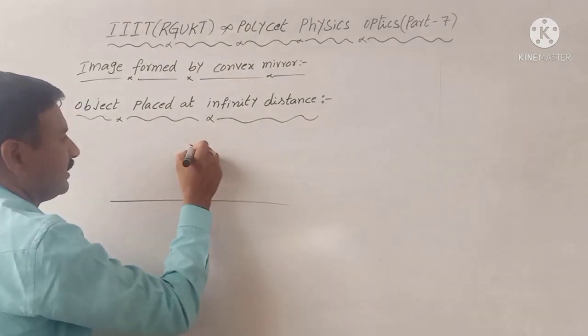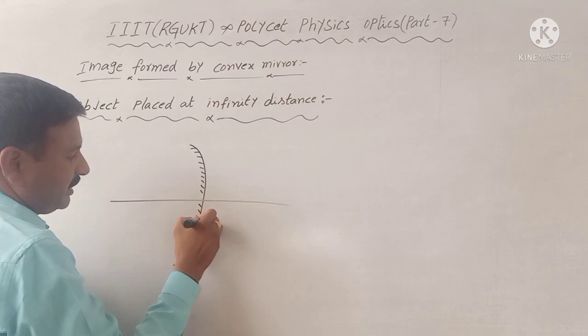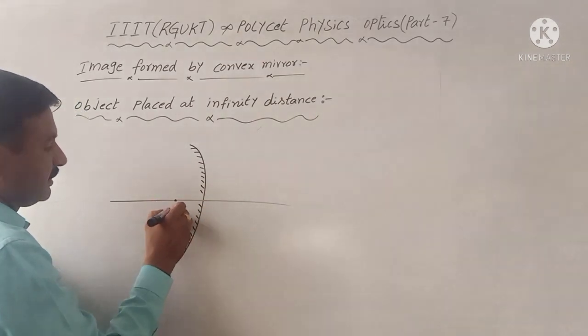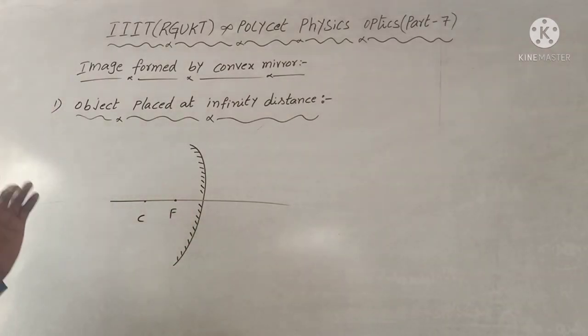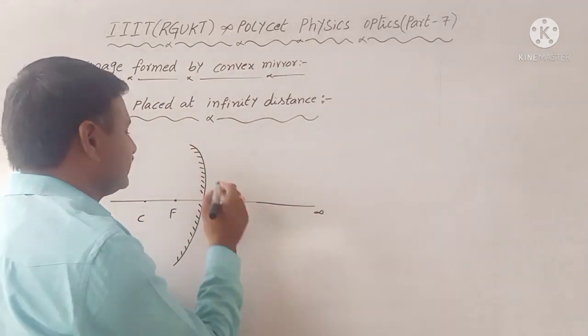Convex mirror, with the concave surface silvered. Here we take the focus and here the center of curvature. Where is the object? The object is placed at infinity distance.